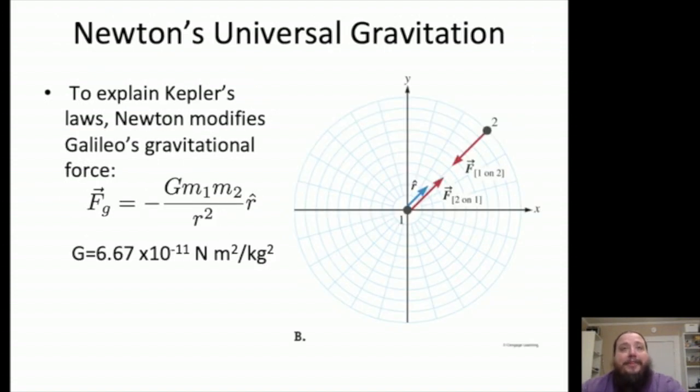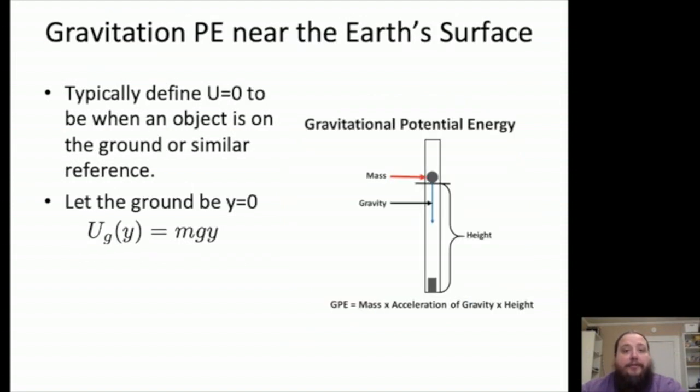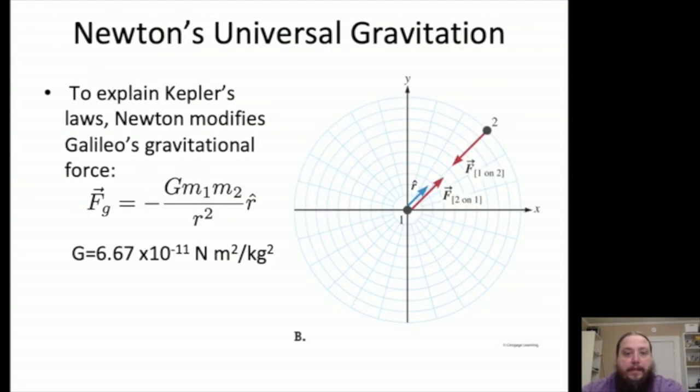Now, that works for the objects near the Earth's surface, where the gravitational acceleration is always this constant g, and therefore the gravitational force is always the constant mg.